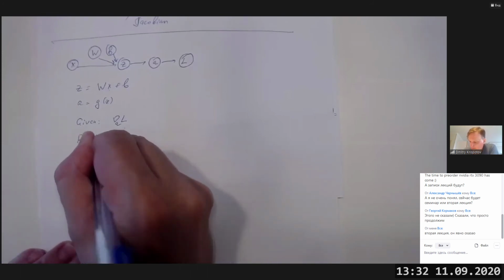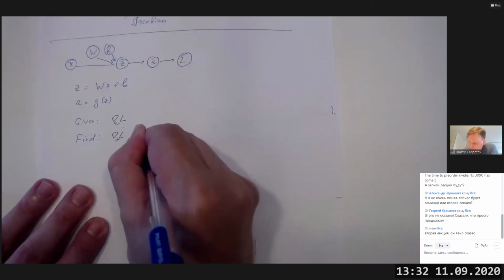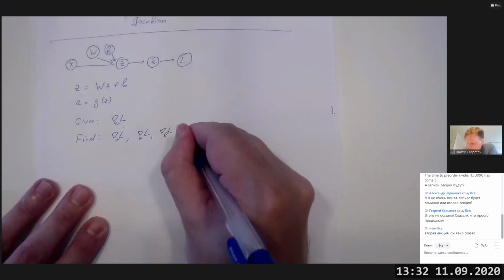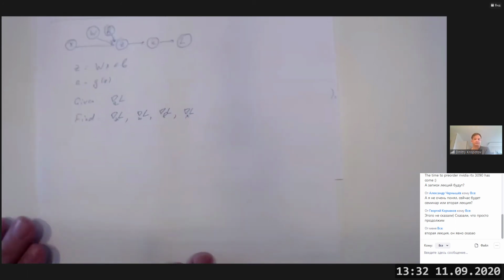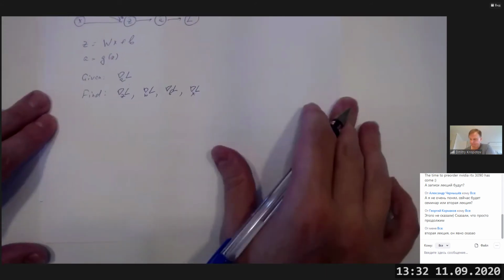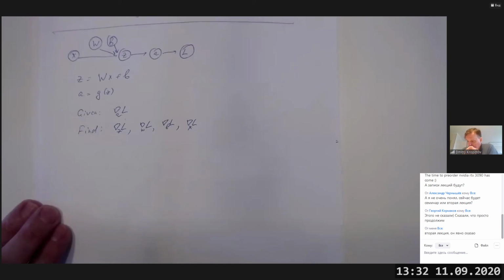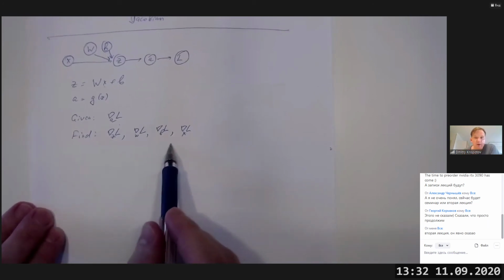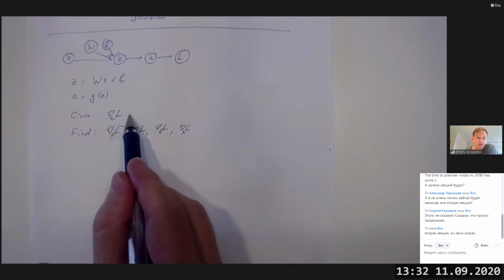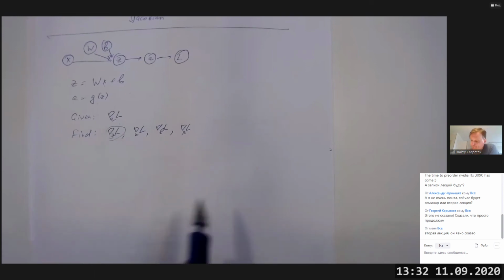We would like to find the gradient of L with respect to Z, with respect to W, with respect to B, and with respect to X. Okay, let's do this. So how can we calculate? Well, let's start with the first thing: given the gradient with respect to A, we would like to calculate the gradient with respect to Z.